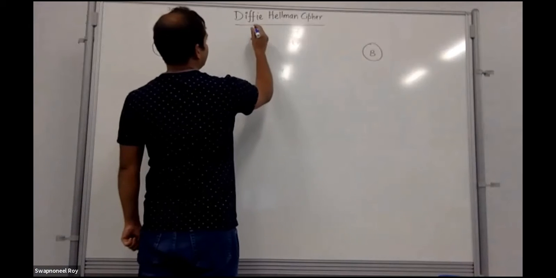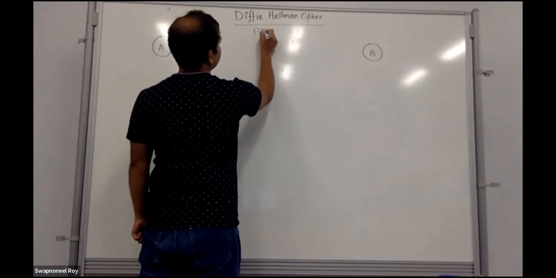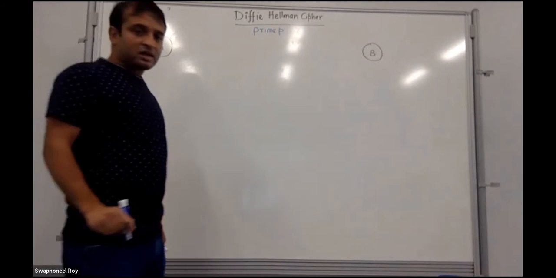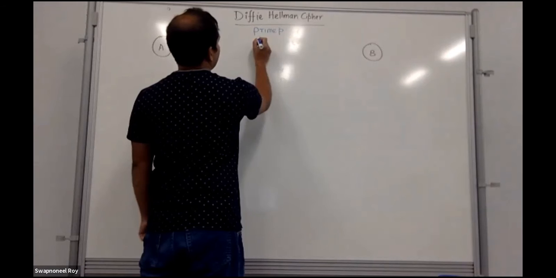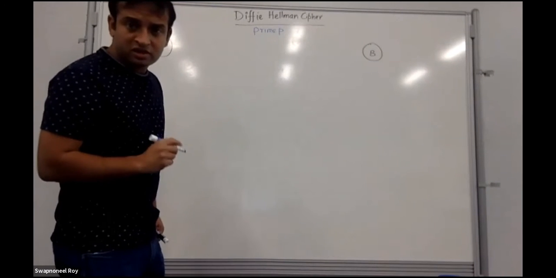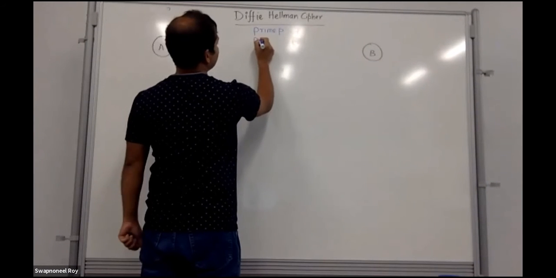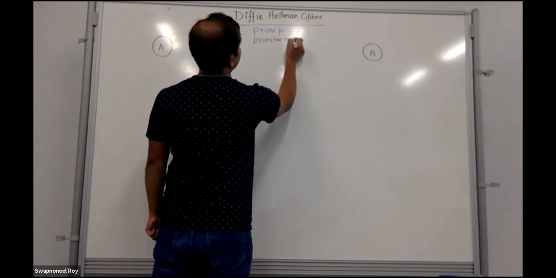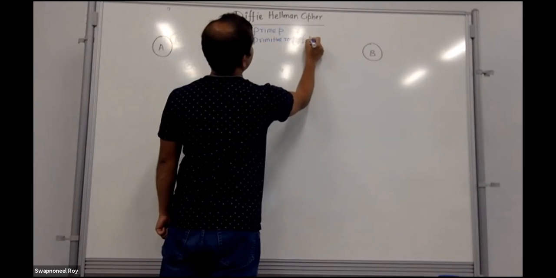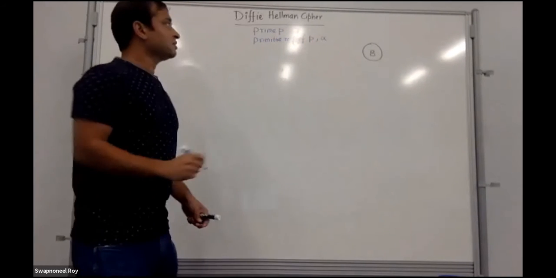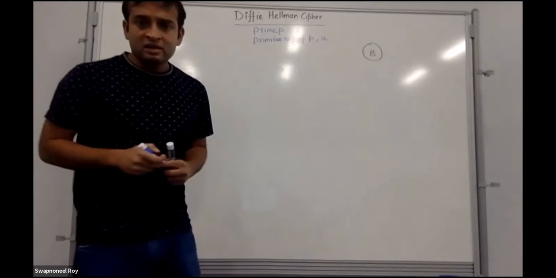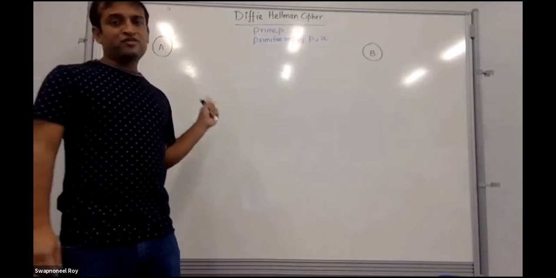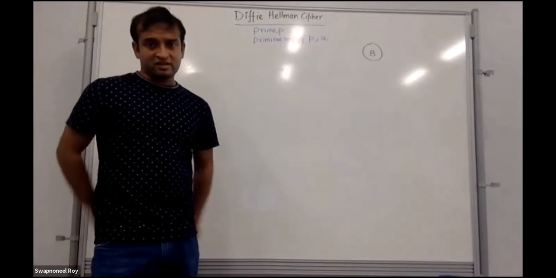Global elements are a prime P, a prime number P, and the second global element is alpha, which is a primitive root of P. These are two global elements and have to be pre-decided before moving forward with the algorithm, with the cipher itself.